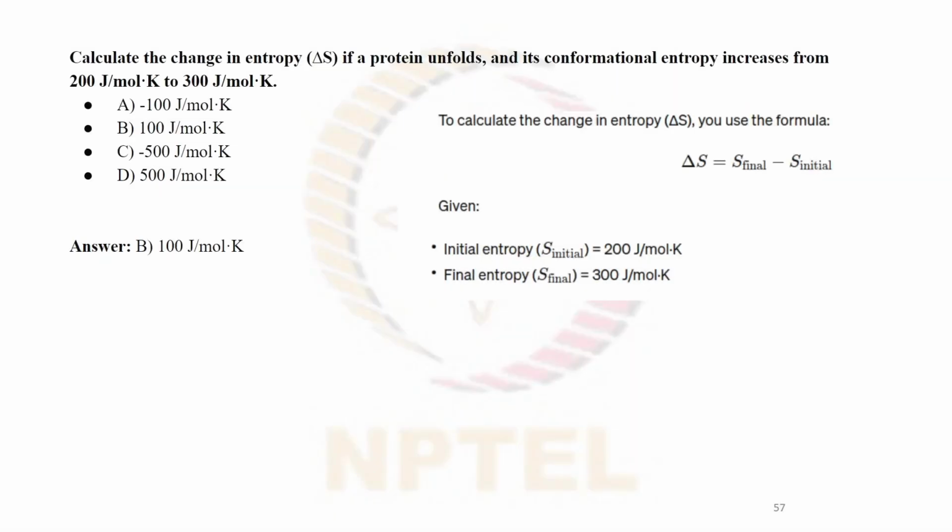So the initial entropy is 200 and the final entropy is 300. So 300 minus 200 is the entropy change when the protein is unfolding.